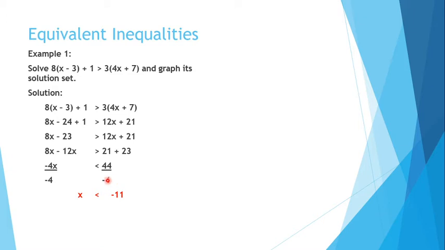If you are going to divide an inequality by a negative number, it is necessary to change the sign to the opposite sign. Just like this one, because we divided our inequality by negative 4, from greater than, it now becomes less than. So our answer is x is less than negative 11.